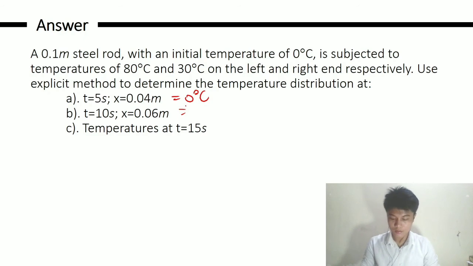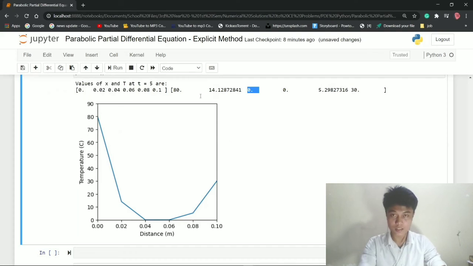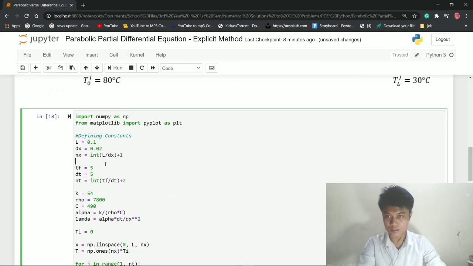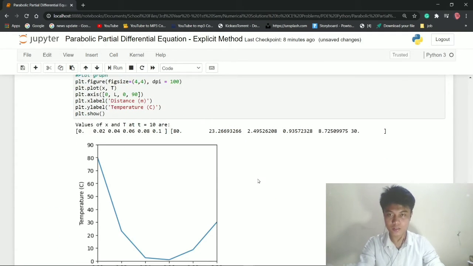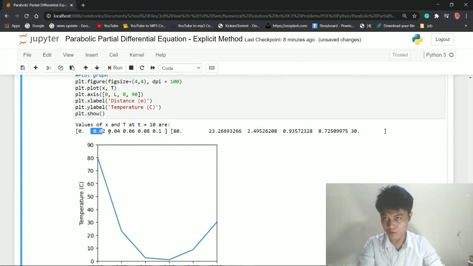So, next, at t is equals to 10 seconds, yung time natin is 10 seconds. So, ano nga ba yung kanyang temperature at 0.06? So, at x is equals to 0.06, this is 1, 2, 3, and 4. Pang 4 siya.